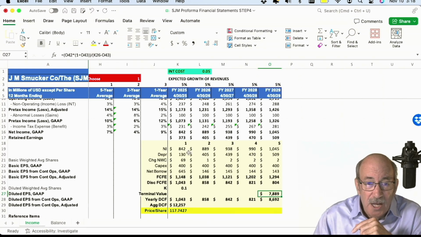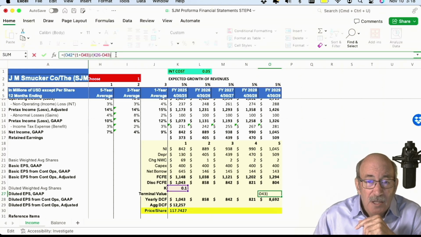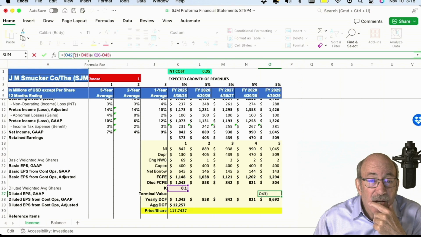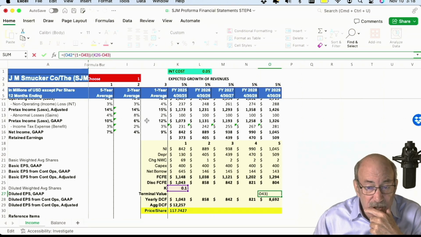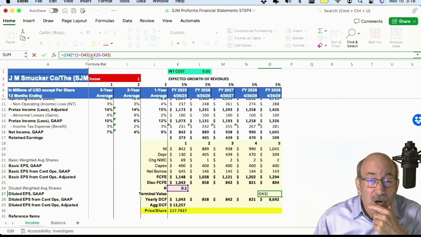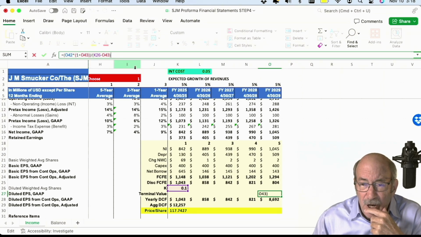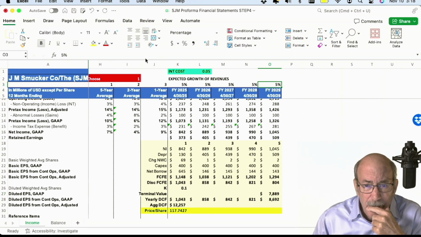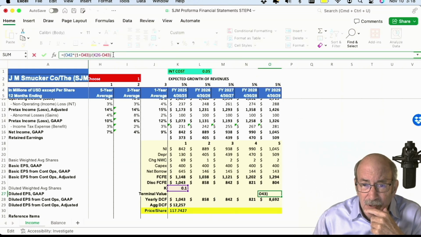And so what I did here was I said, well, let me take my projected dividend, and I've got 0.42 is my dividend. I'm going to project it to grow at a growth rate that I'm actually using up here. Let me go back down here and show you.